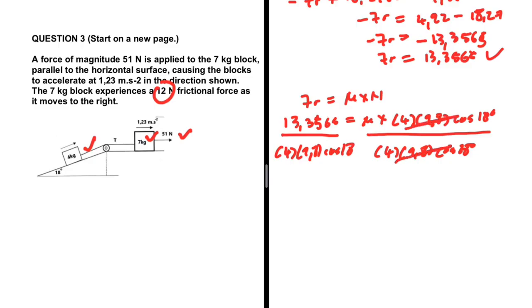So 13.3565 divided by 4 multiplied by 9.8 multiplied by cos of 18. Let me just put that in my calculator, and I'm getting the coefficient being equal to 0.36358, so that's 0.36. And there we go, we have our final answer. There's no SI unit for the coefficient of kinetic friction, so we leave it like that.